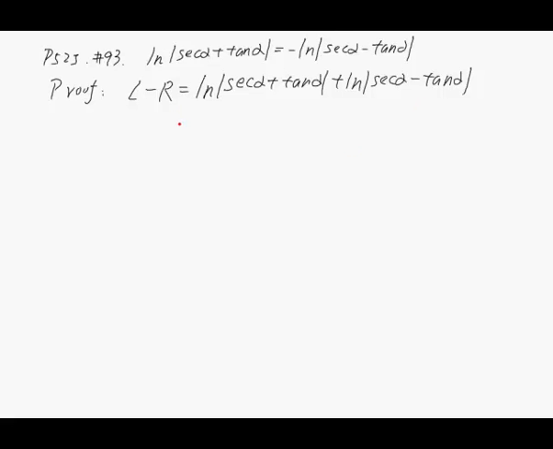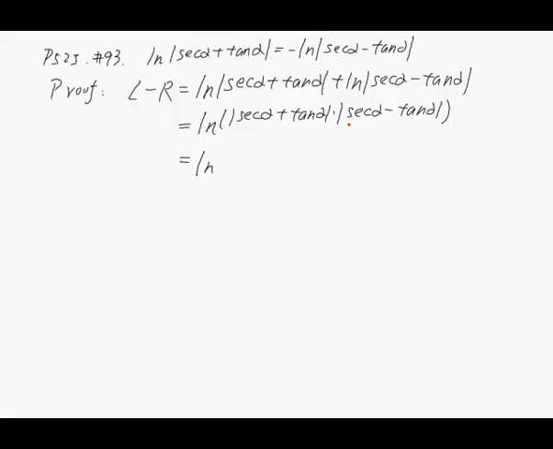And by the property of logs, we know the sum of the logs is equal to the log of the product of these two inputs, right? So we have the natural log of the product of the absolute value of secant alpha plus tangent alpha and the absolute value of secant alpha minus tangent alpha.